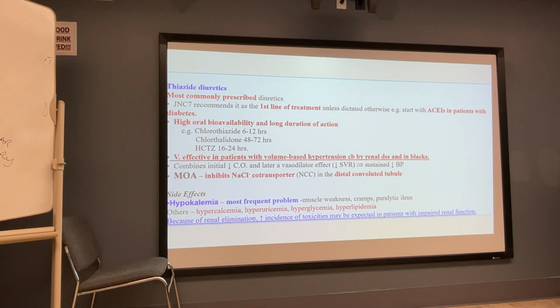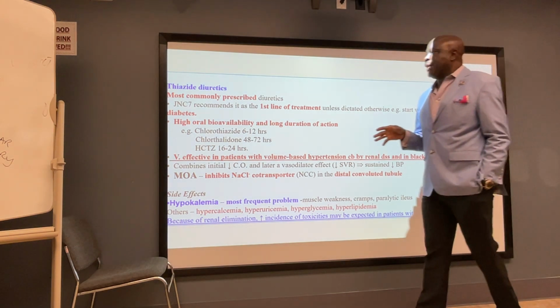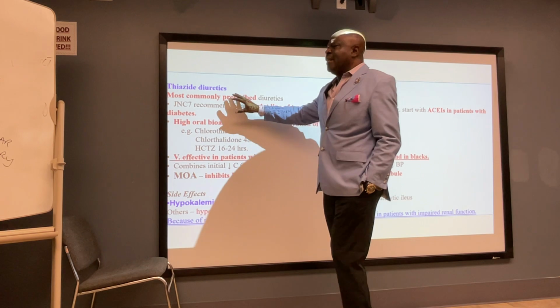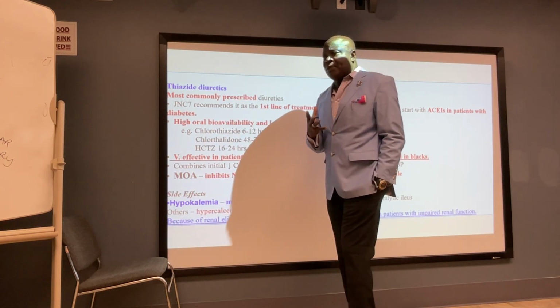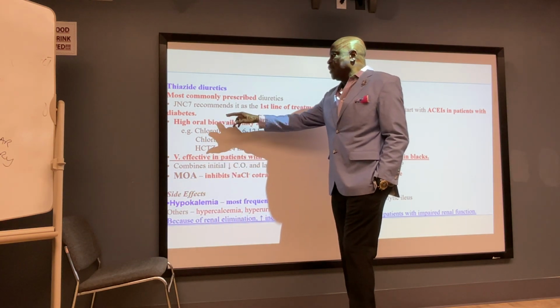These diuretics are the most commonly prescribed diuretics, and they are the first line of treatment. They have a high oral bioavailability and a long duration of action. Any of these statements that I put in red, it's important for you to take note.